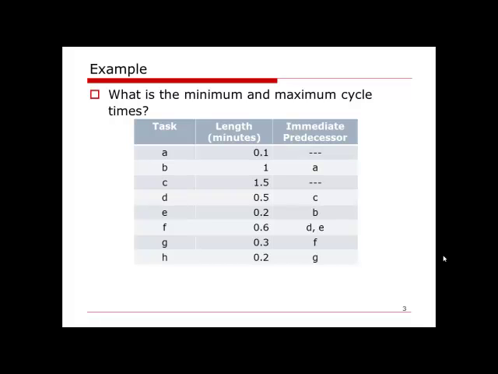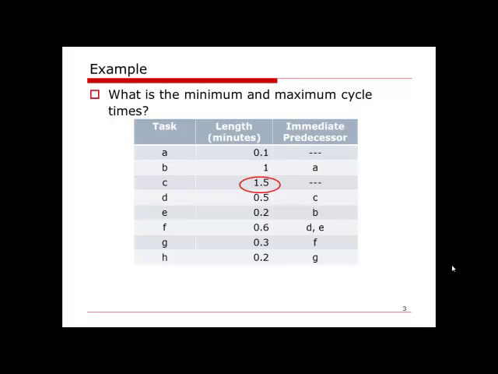While the maximum cycle time is the sum of all the task times. Because in the worst case, we have only a single workstation which has to finish all the tasks, and then that will be the time it takes to finish the assigned job.